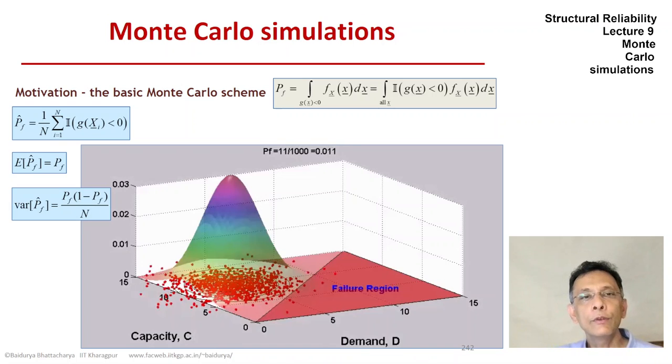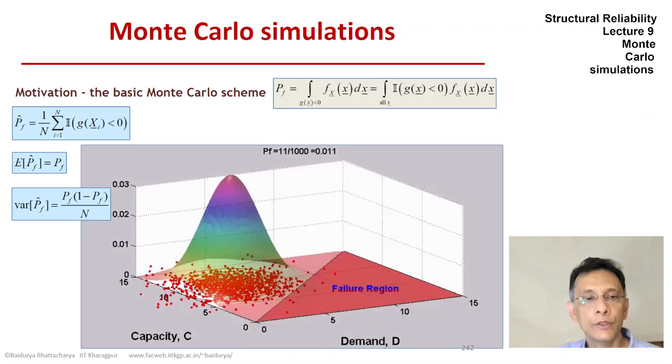So can we do something to make more efficient use of these samples? In other words, when we are trying to estimate a very rare probability whose variance is only going to improve inversely with n, can we make it even better? Can we make the uncertainty go down even faster?